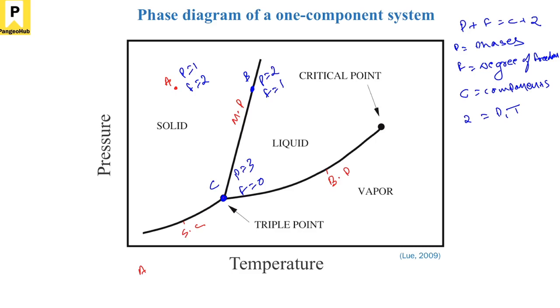And one more thing, all these phase diagrams are always assumed as a closed system. This is very important as we go on discussing, let's say, two components, and maybe in future we will be discussing three components. But you should always remember that whatever phase diagrams we are studying, we are always considering a closed system.